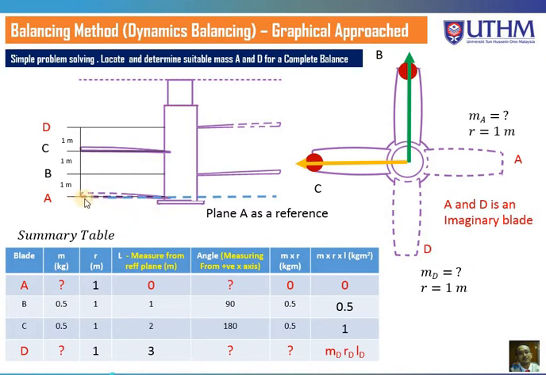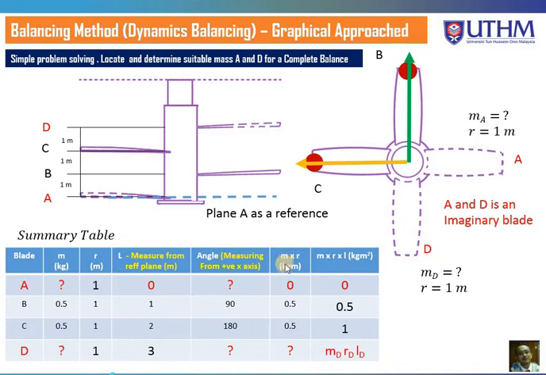We take plane A as the reference plane, so this one is 0, B is 1 meter, C is 2 meter, and D is 3 meter. For the angle measured from the X axis, A is unknown, B is 90 degrees, and C measured from the positive X axis is 180 degrees. Mass D we don't know.